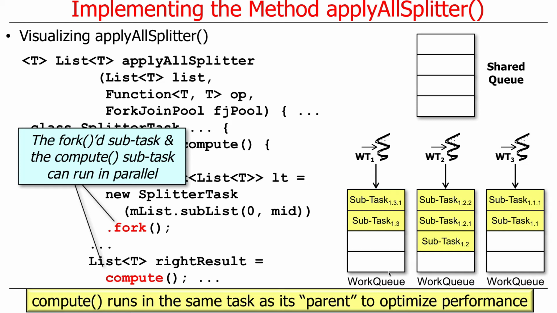So chances are that whatever the fork was, it's going to be stolen by another thread. But because we've done this in the recursive decomposition way, that other thread will then do the same thing, and it will create stuff that lets another thread steal from it. So each thread will put something on its deque that it won't get to right away because it's going to do computes after it does a fork.